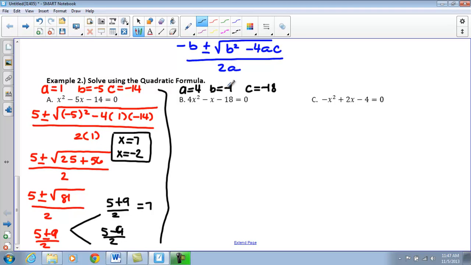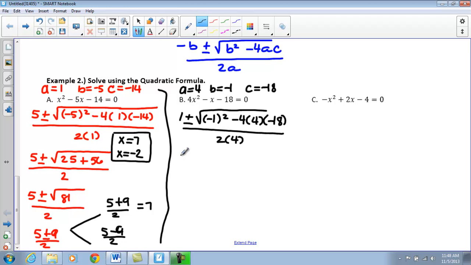So right now, if it's negative, we want to work with a positive 1 plus or minus the square root of negative 1 squared minus 4 times 4, because that's my A value, times a negative 18, all divided by 2 times A, which is 4.